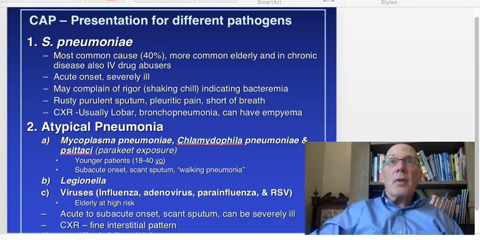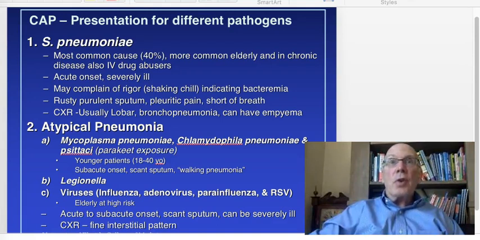Unique clinical characteristics include patients may complain of a rigor, shaking chill, indicating bacteremia. They may produce rusty, purulent sputum reflecting red blood cells and neutrophils in the alveoli, and may experience pleuritic chest pain when the infection reaches the periphery of the lung, and can experience shortness of breath, a worrisome sign.